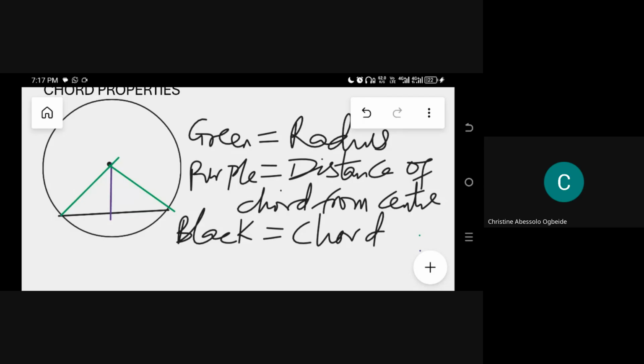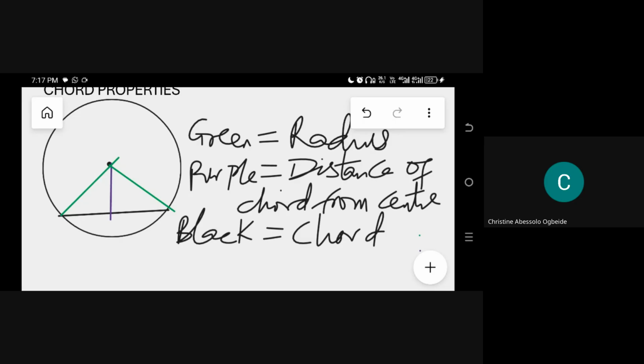So the black line there is the chord. The green lines are radii, the radius of the circle. Then the purple line is the distance of the chord from the center of the circle. The chord is the black one at the bottom.